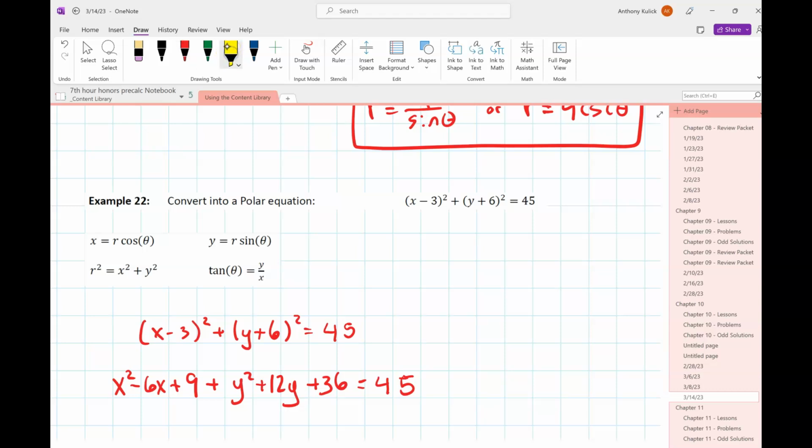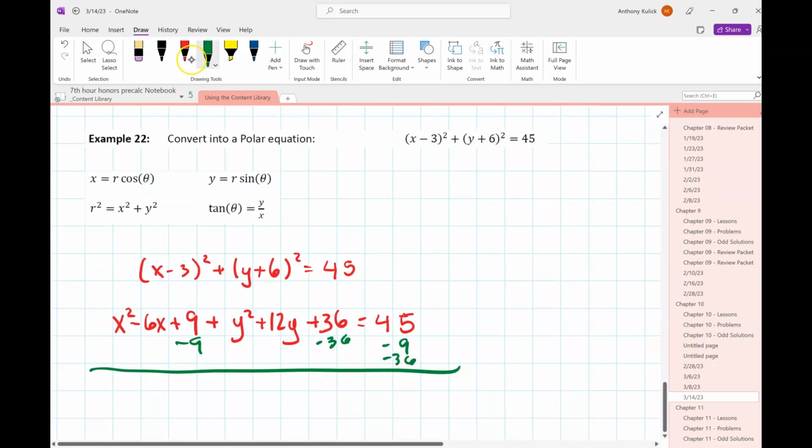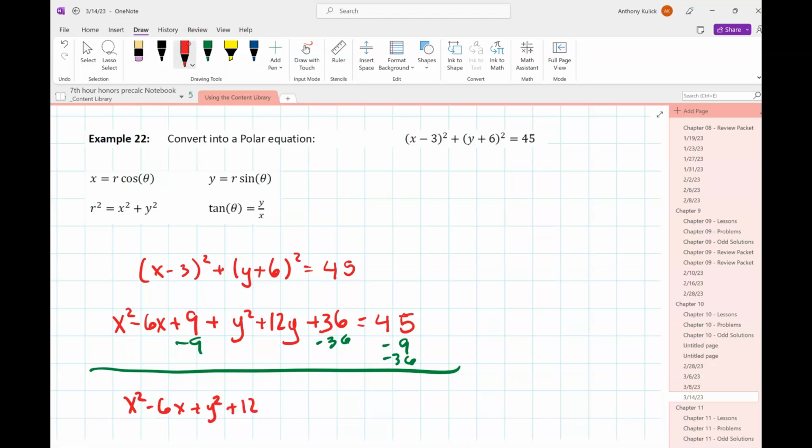Okay? So what did that get us? Okay. So if we subtract 9 and 36 from both sides, we can turn the x squared plus y squared into r squared.